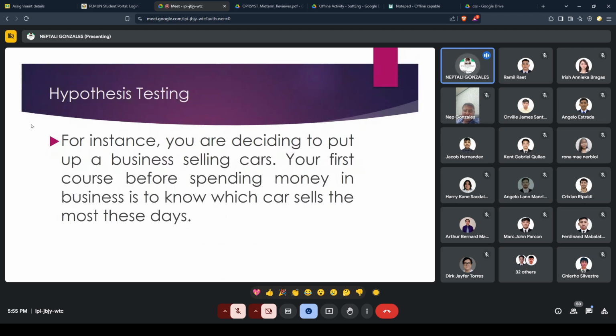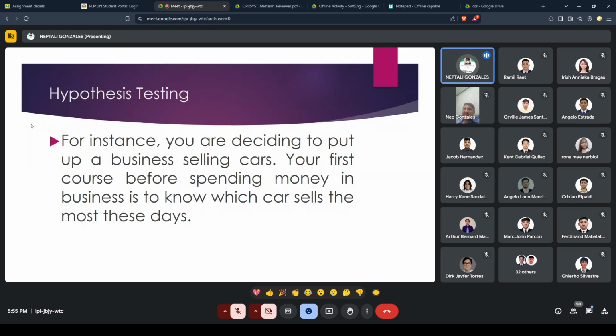So depending on the given data or the available data. For instance, you are deciding to put up a business selling cars. Your first course before spending money in business is to know which car sells the most these days, right? You are not going to invest if you already know that your business will be closed soon. Of course, you are going to start a business if your business will boom in the future.